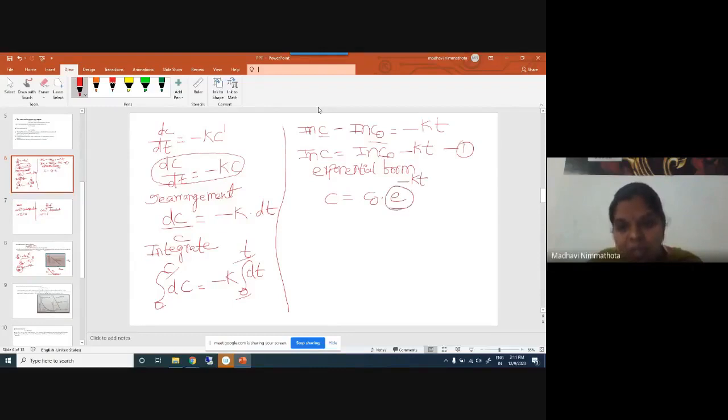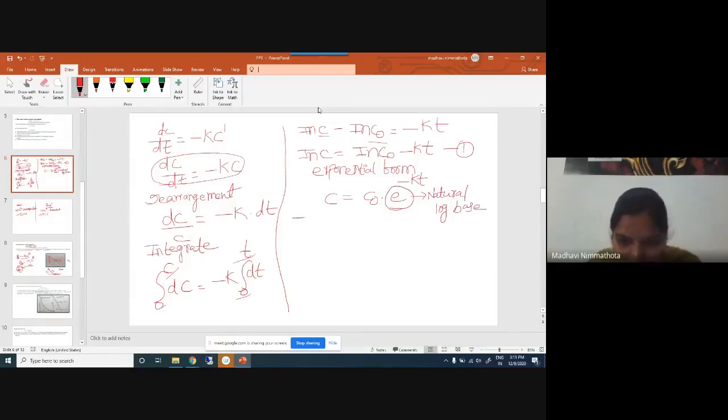E is nothing but the exponential form, the natural log base. So C equals C0 into e to the power of minus kt.